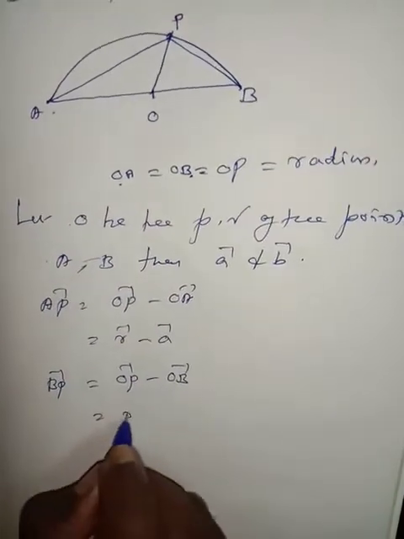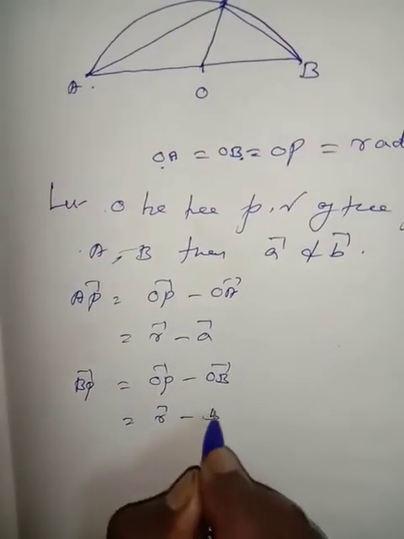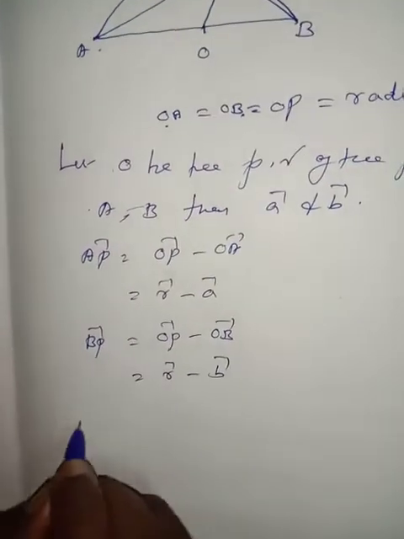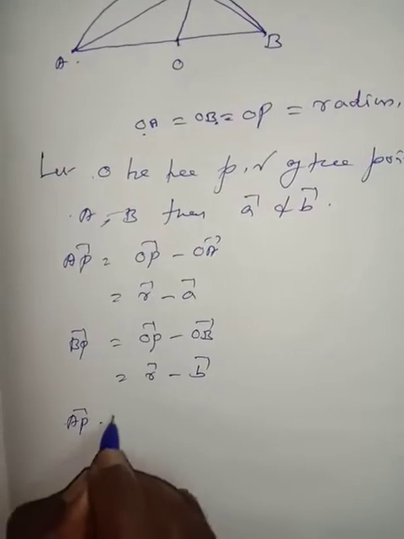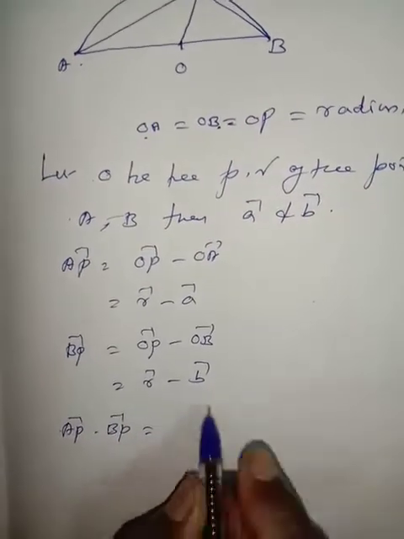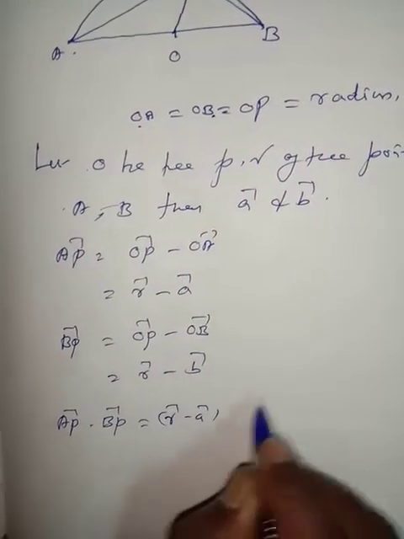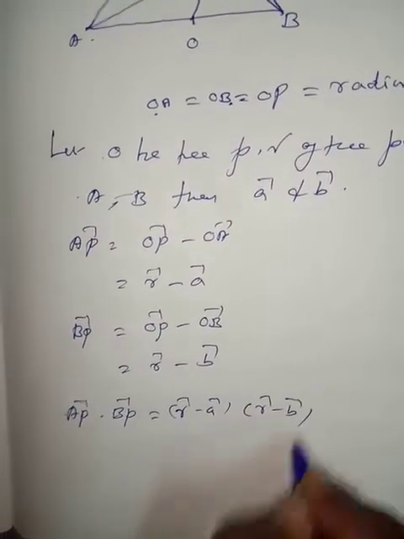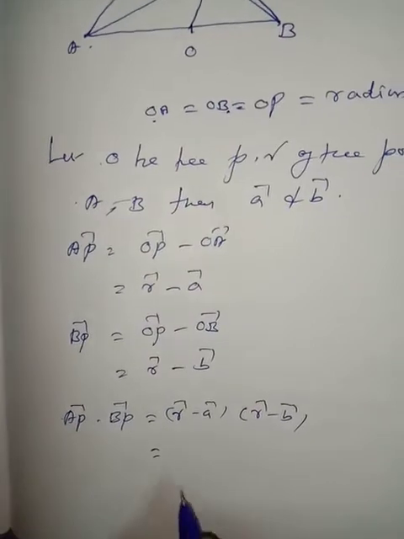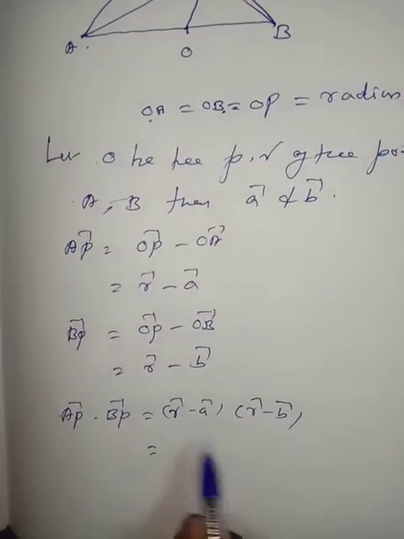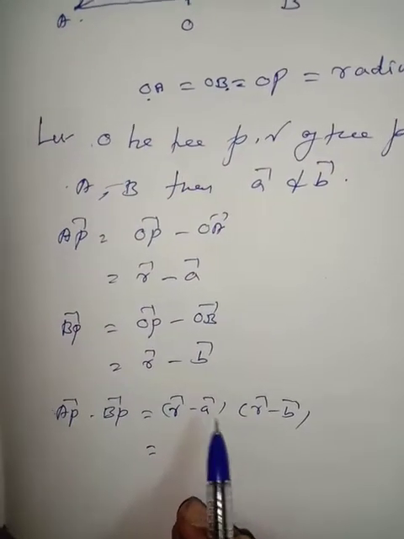OB vector is radius, R vector minus B vector. Now AP vector dot BP vector is equal to R vector minus A vector into R vector minus B vector.